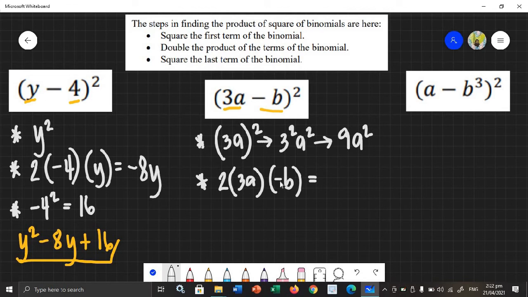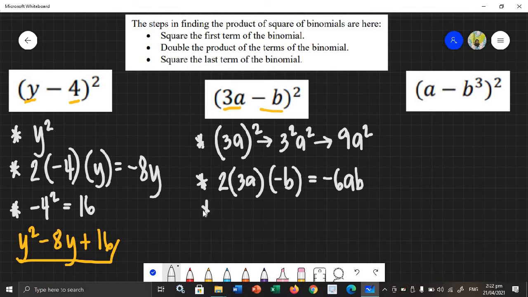But, that is negative 1 actually. Hindi lang nilagay yung 1 doon. That is invisible. So, multiply natin yung mga coefficients kay 2. So, we have 2 times 3 is 6 times negative 1. We have negative 6. And then, copy natin yung variable. So, we have ab. So, this is the product, negative 6ab.